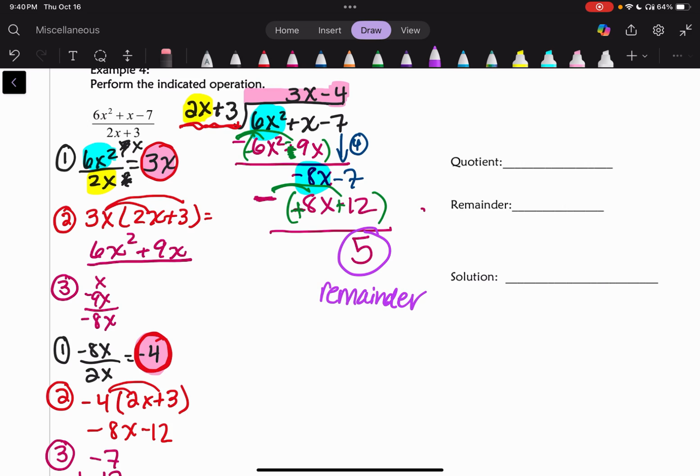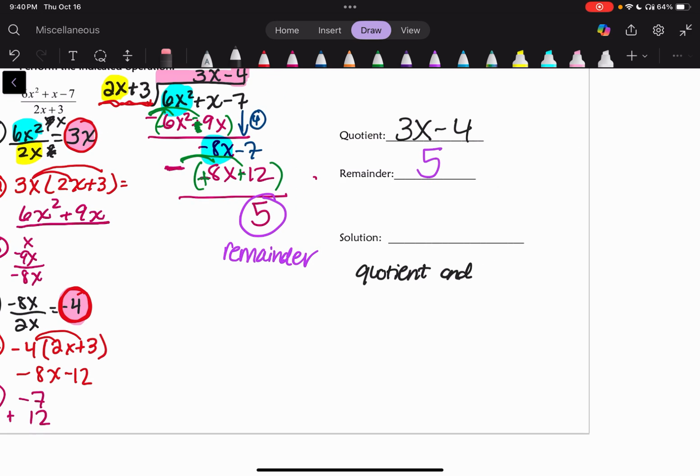So I'm going to fill in these blanks. My quotient is this 3x minus 4. My remainder is this 5. And now I need to write my solution. Well, remember, you write your solution as quotient plus remainder over divisor.